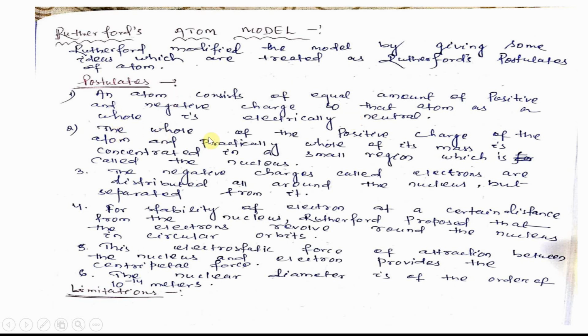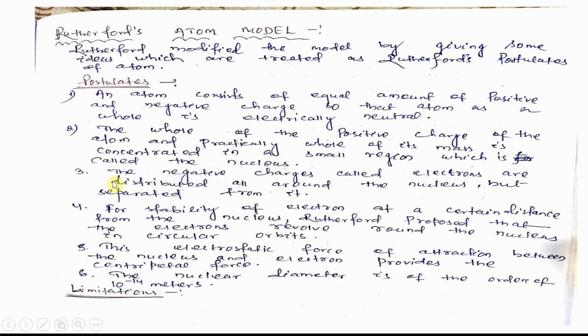The whole of the positive charge of the atom and practically the whole of its mass is concentrated in a small region which is called the nucleus. That means at the center of the atom the nucleus is there, in which the whole of the positive charge is concentrated, and the size of the nucleus compared to the size of the atom is very small.